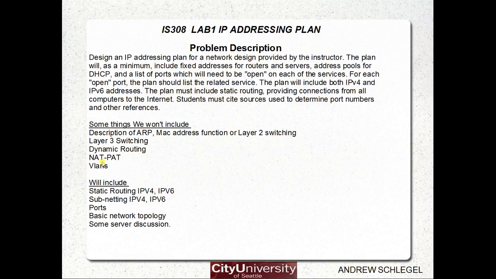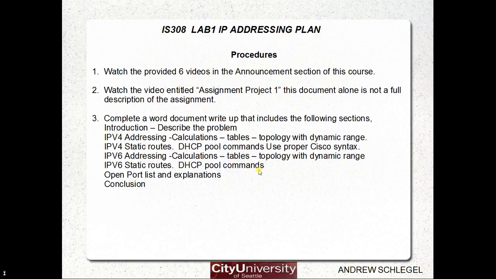These are all pretty basic concepts as well, but they won't be included in this project because this was the description I'm given. So what we will include is static routing, IPv4, IPv6, subnetting IPv4 and IPv6, ports, basic network topology, and some server discussion.